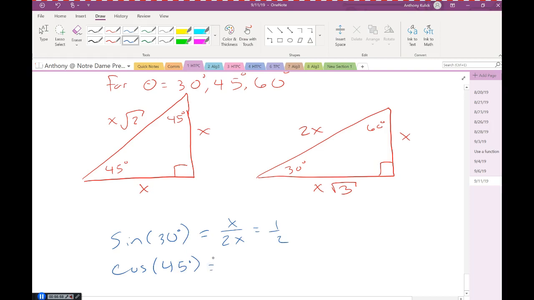If I want to do cosine of 45, what would I get? X over the square, or x square root of 2, which reduces to 1 over the square root of 2, or, I'm sorry, root 2 over 2.